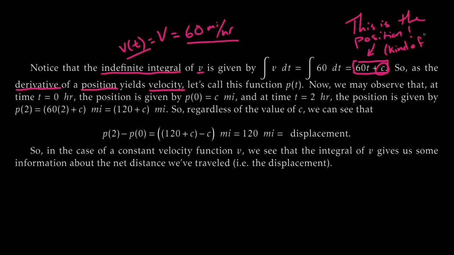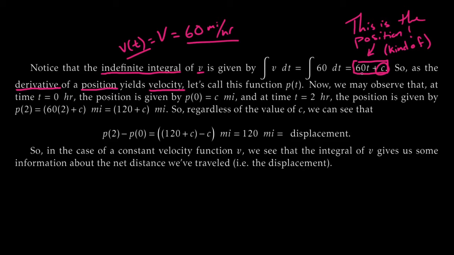kind of. If you watched the video we did last time, the bonus math video about initial value problems, this is exactly the same thing that's going on there. So we've got a differential equation, essentially. You don't need to know about that for this right here, but basically we've been given information about velocity. We've been given information about the derivative of position.